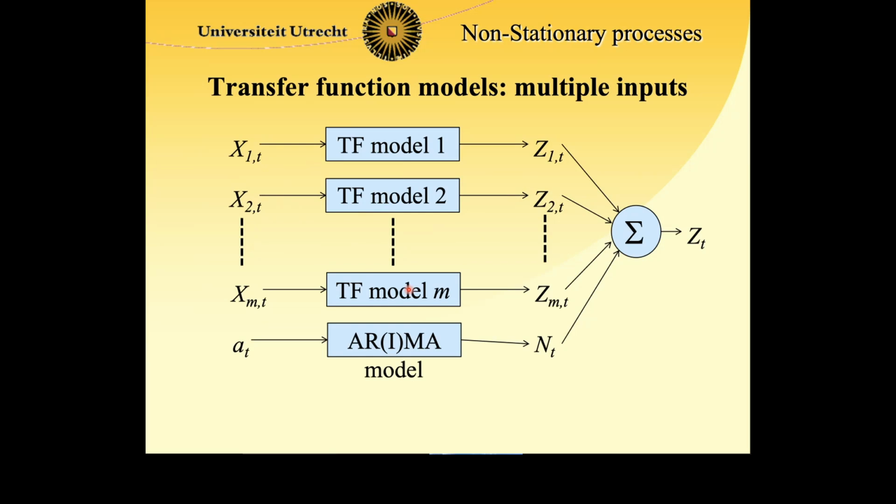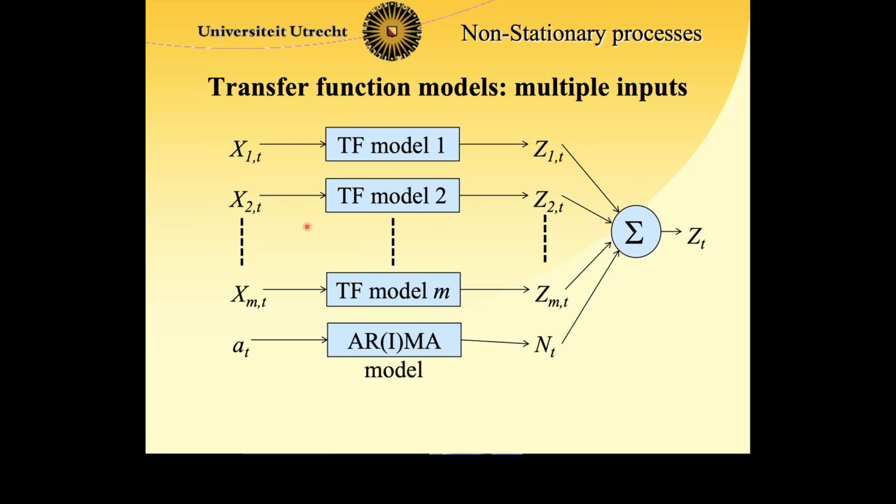Now, it can also be that you have multiple inputs. For instance, suppose groundwater levels are determined not only by precipitation and evaporation, but also by groundwater pumping nearby, or there may be a river level or a level of the polder network of ditches that may be changed over time.